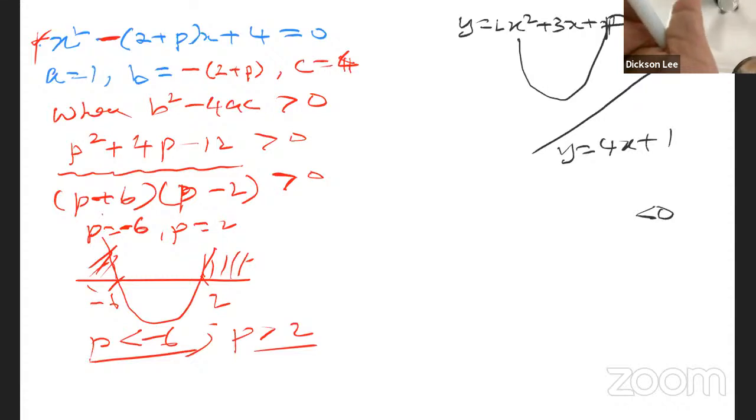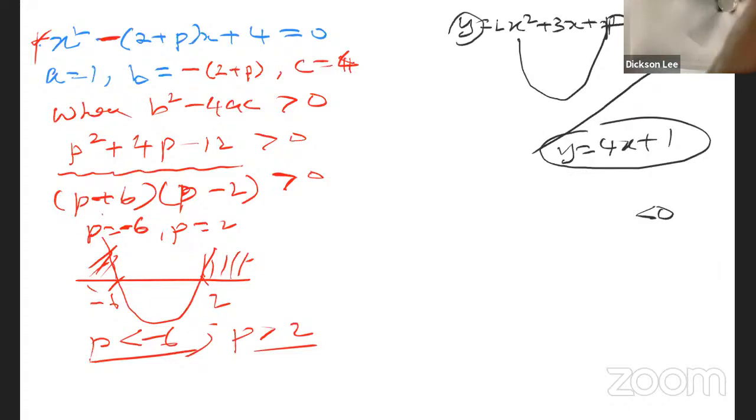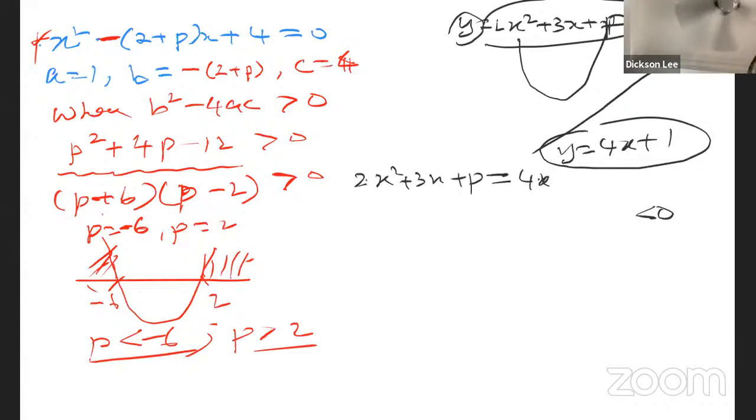Okay. So first step, you have to form a quadratic equation combining these two. This linear equation, you have to substitute into the non-linear equation. So you substitute: 2x squared plus 3x plus t equals 4x plus 1.